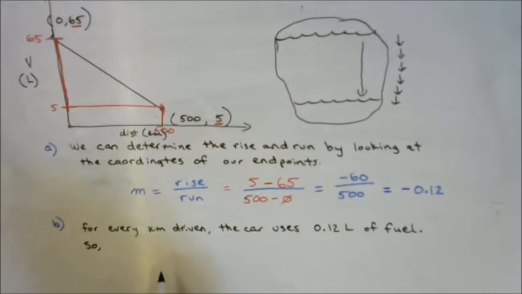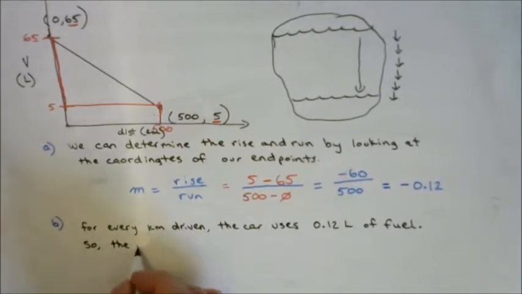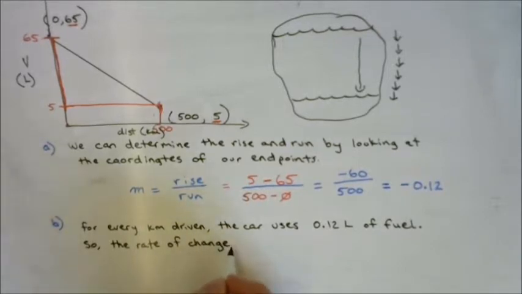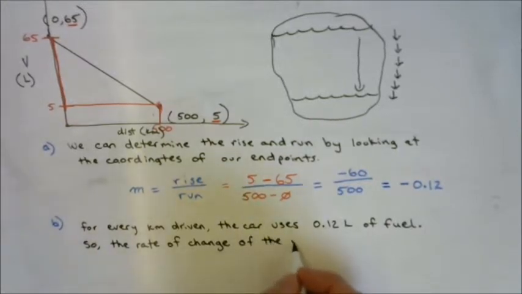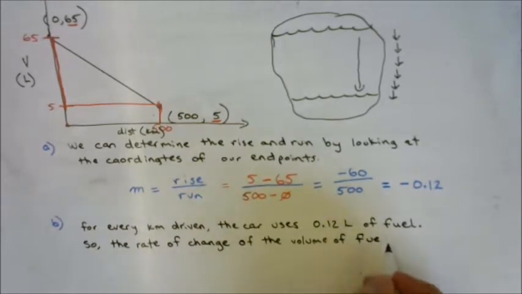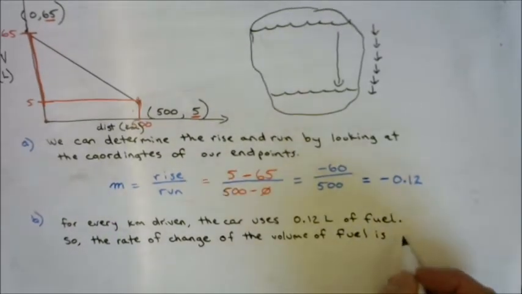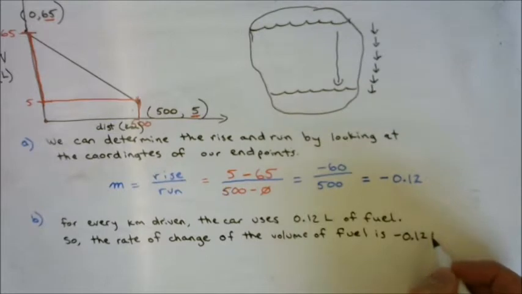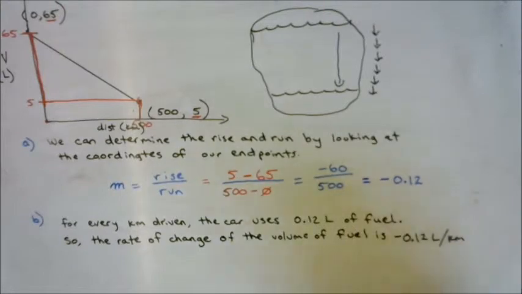So the rate of change of the volume of fuel is, and the rate of change, remember, relates two of the variables together, so it's negative 0.12 liters per kilometer.